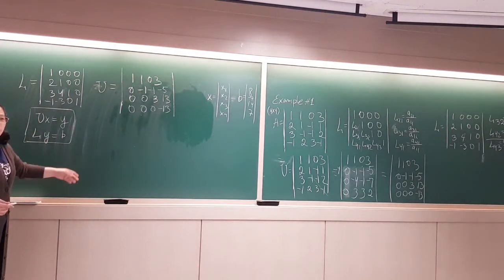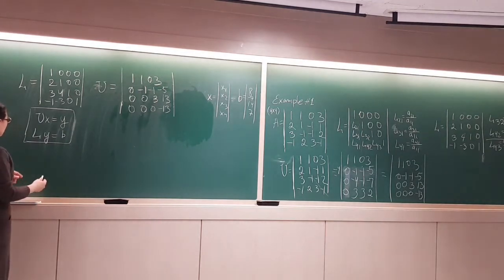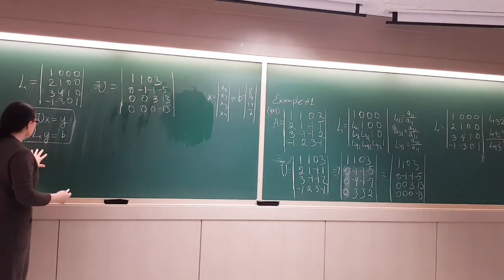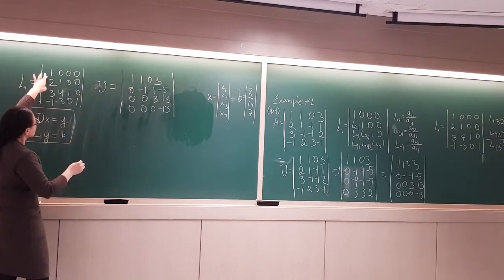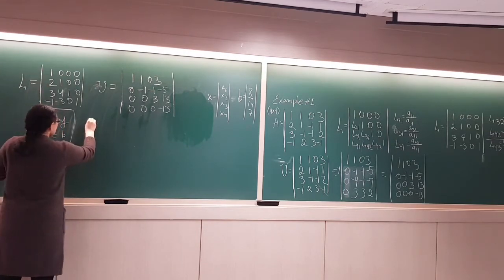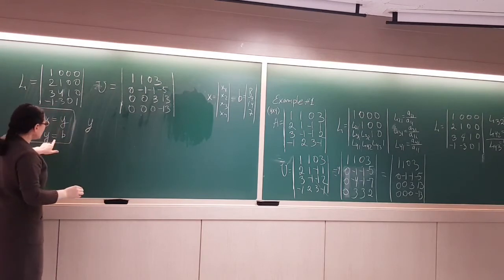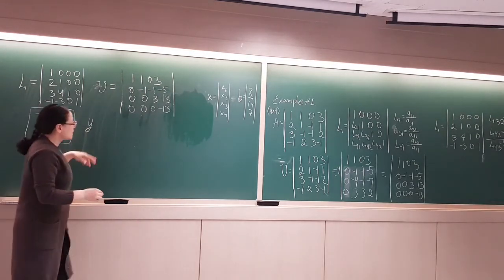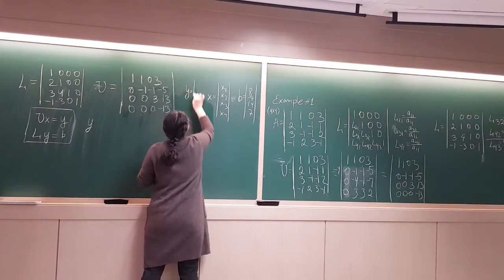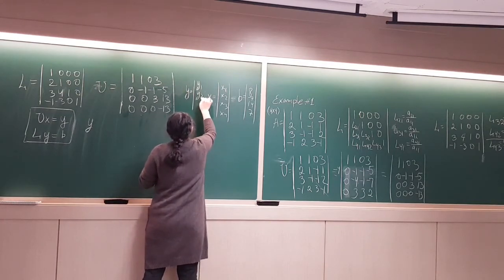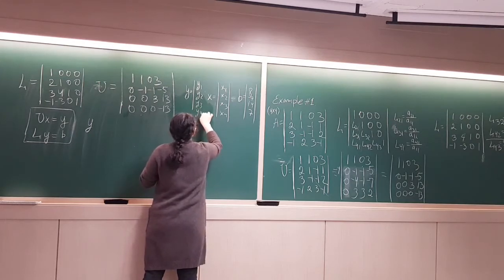I will write one more time. And for L, I write like this. Here you know the y, y is the same as x, y is y1, y2, y3, y4.